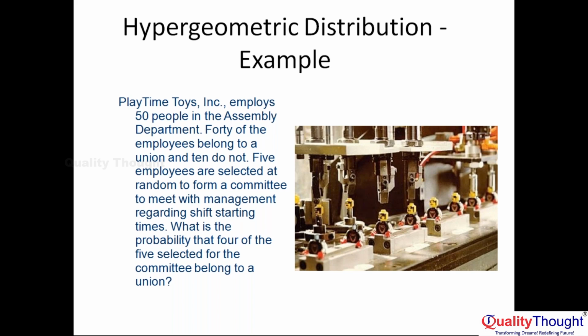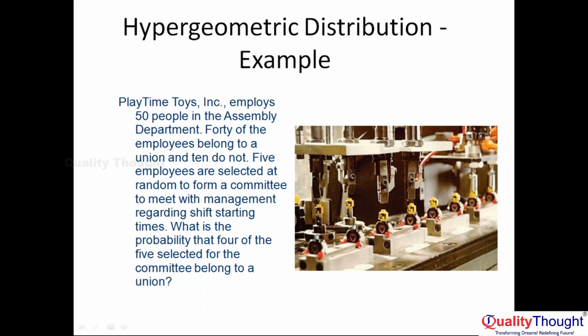Understand? Means what is the probability that 4 of the 5 selected? They are selecting 5 people. Means out of 5, 4 should be from union. From 40, 40 people are there in the union. 40C4. Right or wrong? Out of 40, you need to pick 4. And out of 10, you need to pick 1.